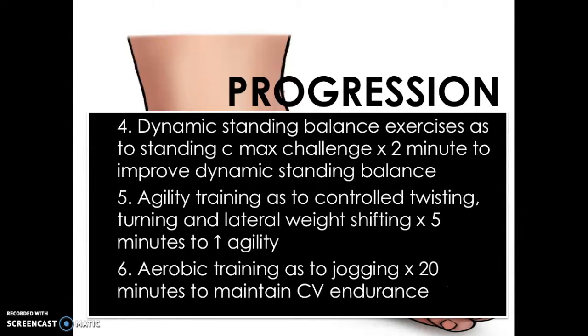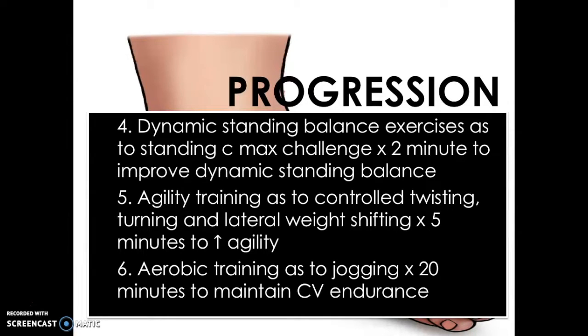Next, dynamic standing balance exercises will be progressed from moderate challenge to maximum challenge, from 1 minute to 2 minutes, to improve dynamic standing balance. Agility training will also be done to control twisting, turning, and lateral weight shifting to increase agility.